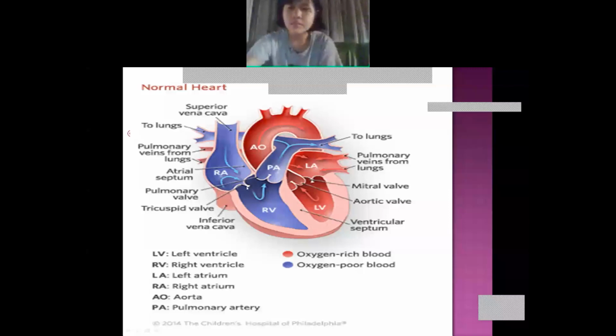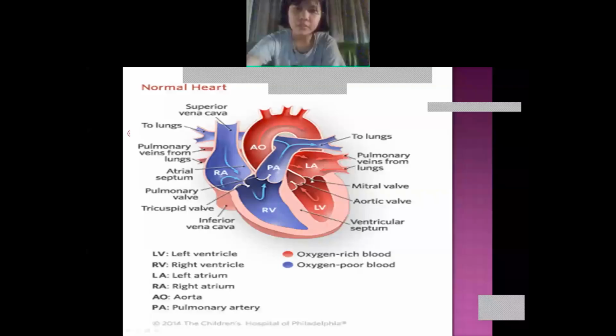Understand? What is the name of that valve? Tricuspid valve. When this tricuspid valve opens, the blood will reach here, that is the right ventricle.